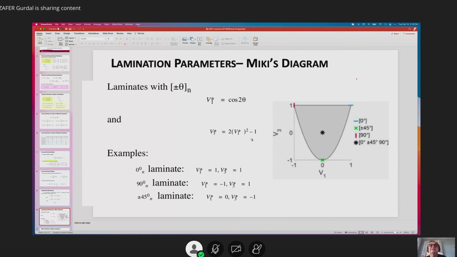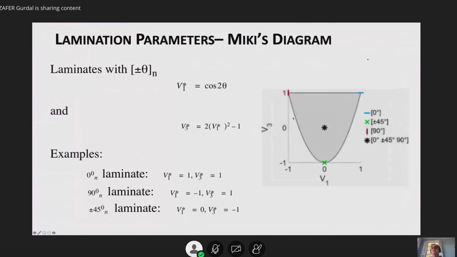So this equation is basically, if I put this into a presentation mode, I can draw something to show what I'm talking about. Let's make it red. When I'm changing the ply orientation angle from 0 to 90, I am getting all these points continuously as I increase my theta.